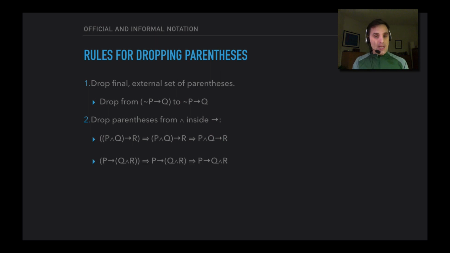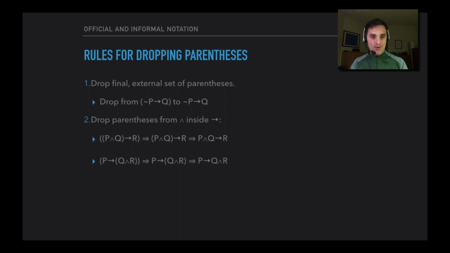And it's the same if the conjunction is in the consequent. So if we have if P then Q and R, okay, we can drop the first set of parentheses because they're the final set of parentheses, giving us that middle sentence, P arrow parenthesis Q and R parenthesis.